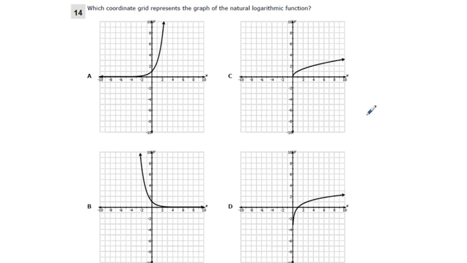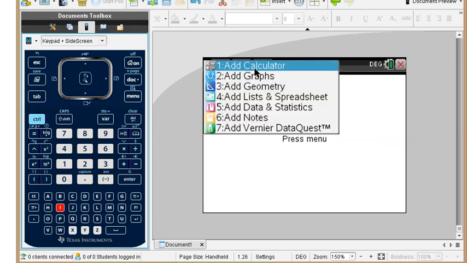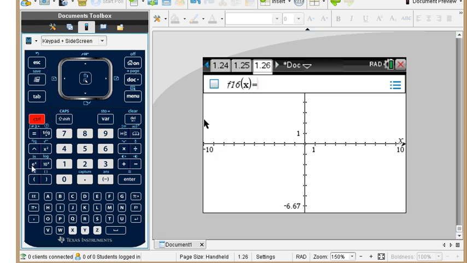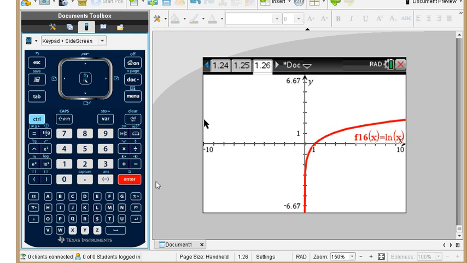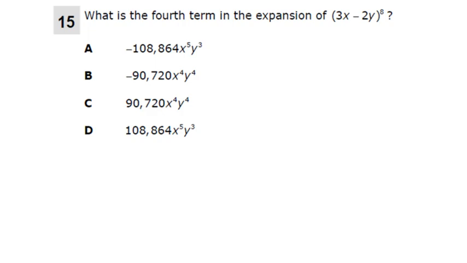Well, if we know the natural logarithm function y equals ln x, we can just go to our calculator and we can graph that function ln x. We go to control, e to the x. We graph the function. Okay, which one is this? Well, it should be pretty easy. It's answer choice D.